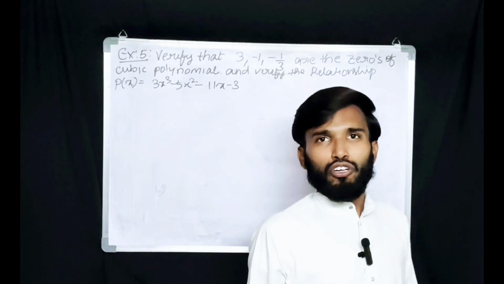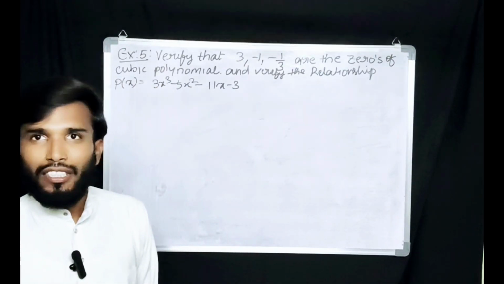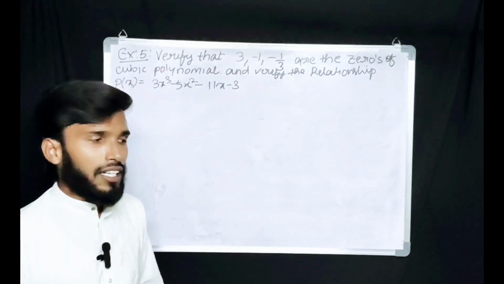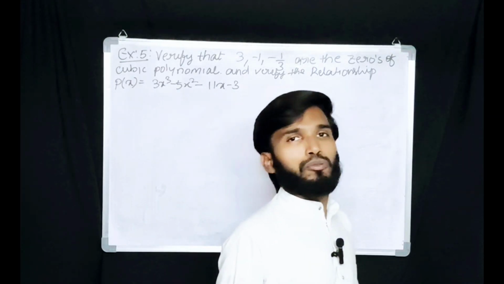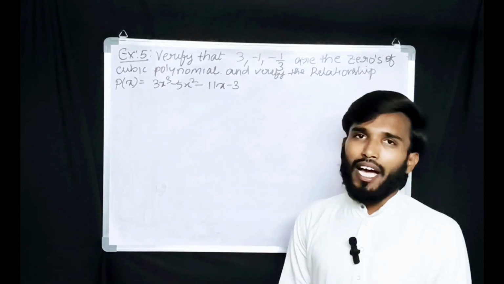As I told you in the previous video, to verify if the given zeros are the zeros of a certain polynomial or not, we have to substitute the given values one after one in the variable x.